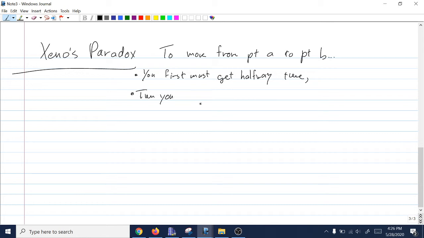And then you have to get halfway from the halfway point to there. And then you have to get halfway from that point to there.